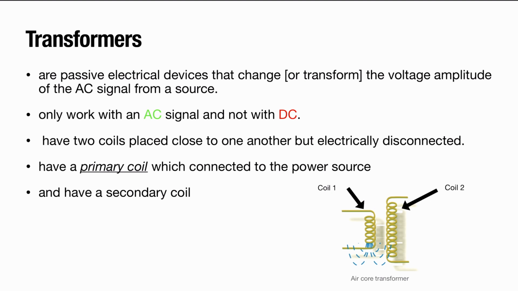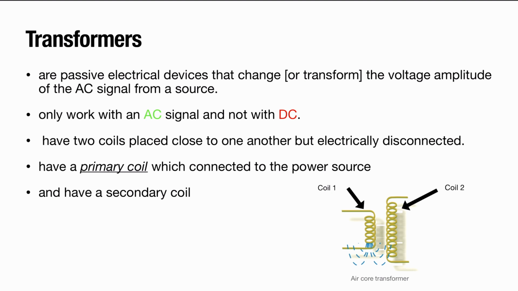The key here is that these coils don't have to be electrically connected. They actually need to be close to one another, and that's how a transformer works. But now you might wonder, how can this transformer signal if these two coils are not connected? Well, this has to do with the principles that a transformer uses to carry out its operation.